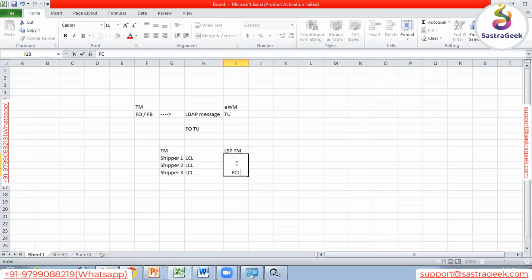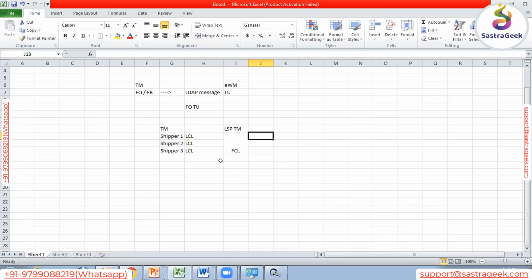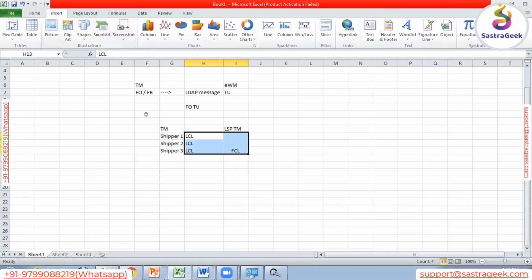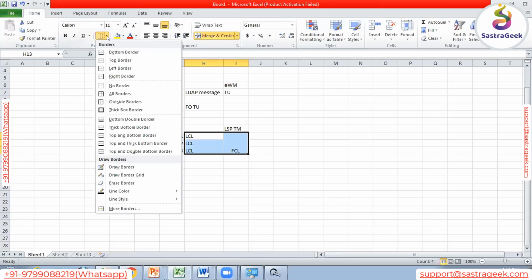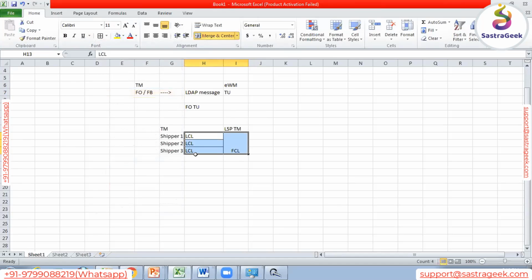Okay, thank you. Now I see. So this is the difference between FCL and LCL. We will actually use this in today's training. We have something for house bill of lading and bill of lading, so this concept we will use there also. Does anybody have any further questions?